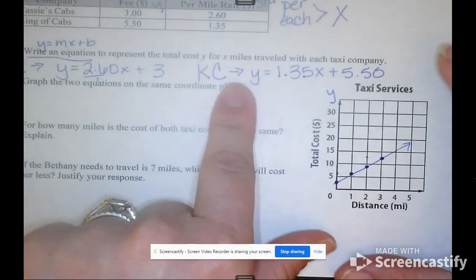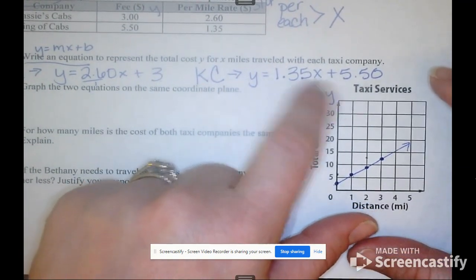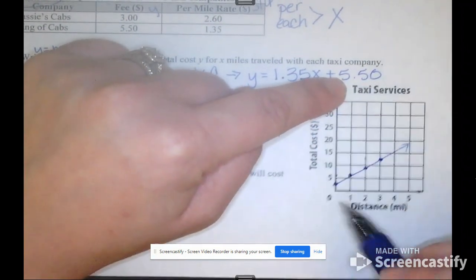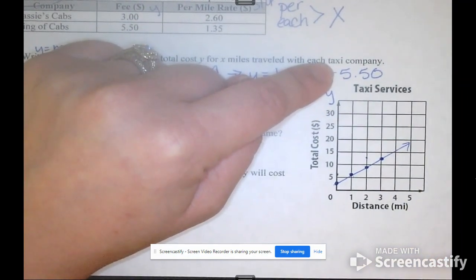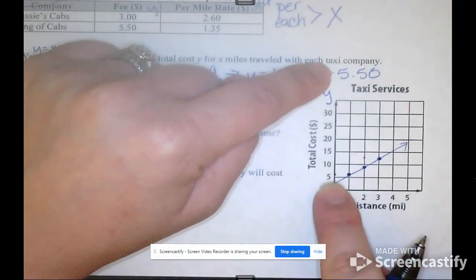All right. So then if I graph this other one, 135 and 550. So we start at 550. So 5.5. There was a huge debate about this last period because people weren't paying attention to how this was labeled. So here is 5. Where would 5.5 be?